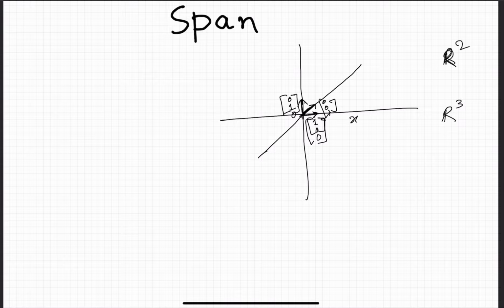If this is the x-axis, this is the y-axis, and this is the z-axis, then all the possible infinite number of vectors that can be made with the linear combinations of these three basis vectors in R3, the span of those vectors will be the whole three-dimensional space.